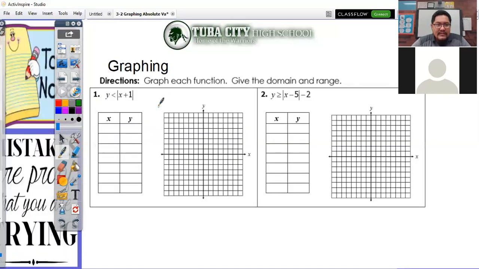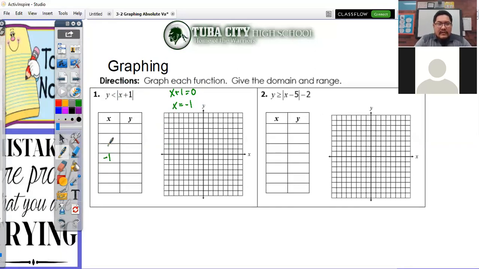So first things first, let's go ahead and grab our expression here. So in this case, I have x plus 1. X plus 1 equals 0. And if I were to minus 1 from both sides, I would see that the middle number is going to be -1.